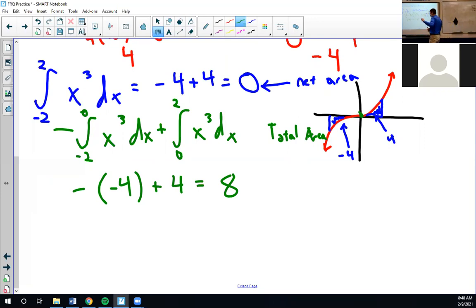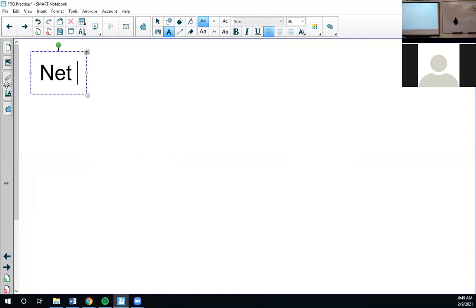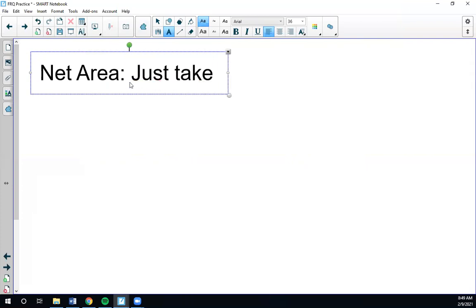And so to kind of summarize what we're looking at here, if you want net area, if it asks for net area, just take the integral, and you don't have to think about anything else.